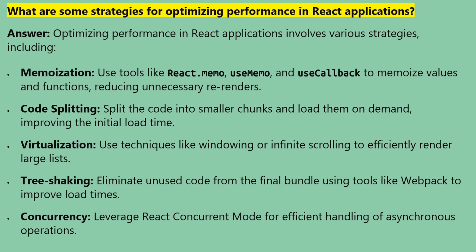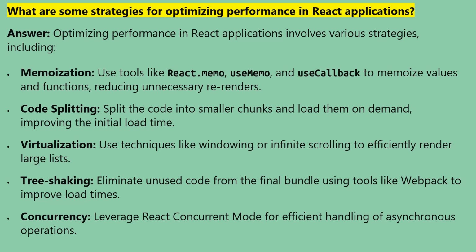What are some strategies for optimizing performance in React applications? Answer: Optimizing performance in React applications involves various strategies including memoization. Use tools like React.memo, useMemo, and useCallback to memoize values and functions, reducing unnecessary re-renders. Code splitting.